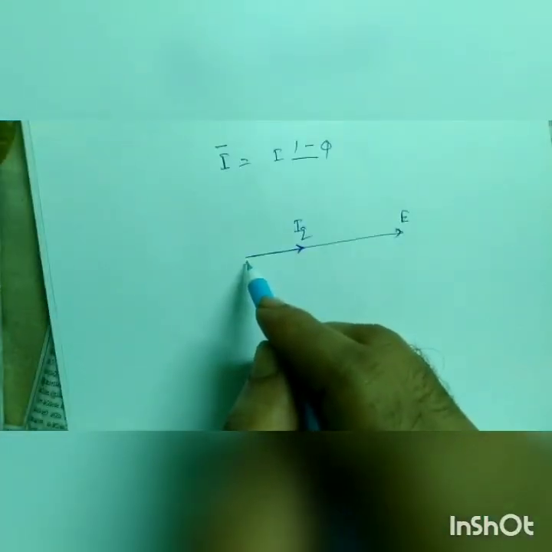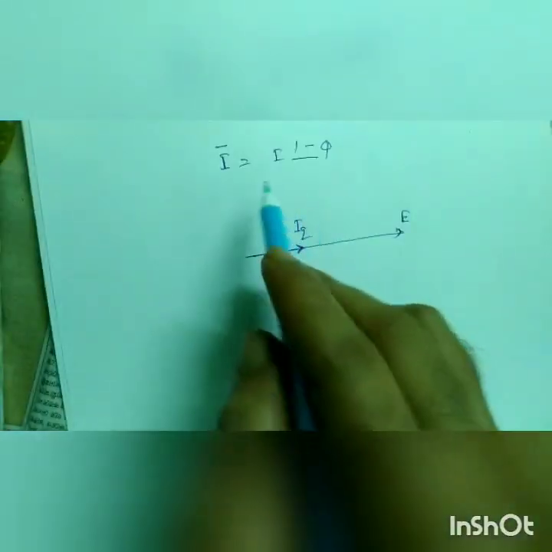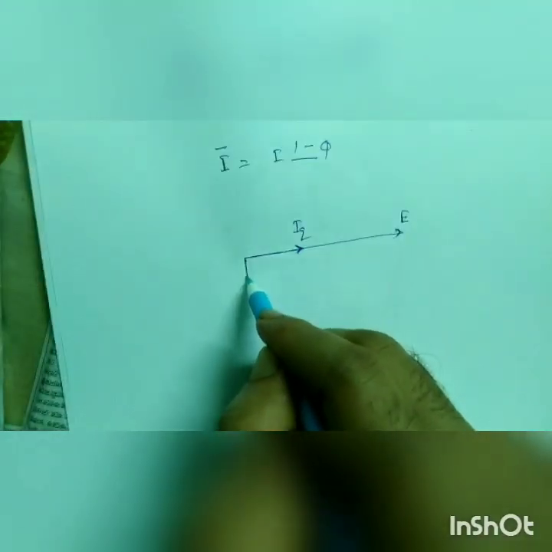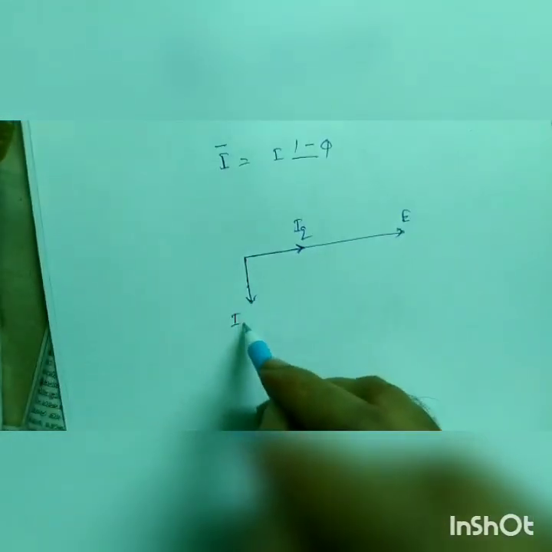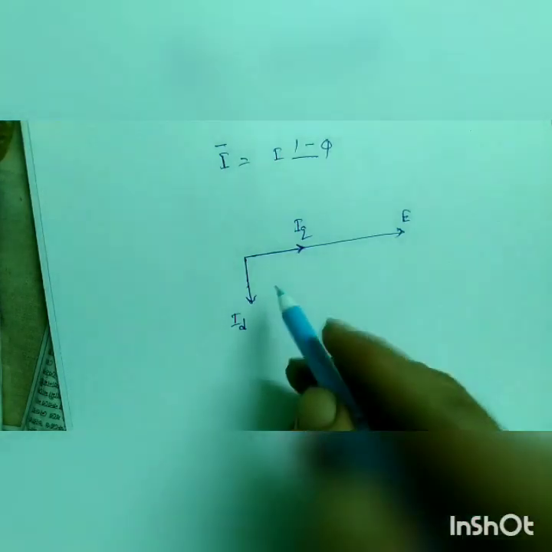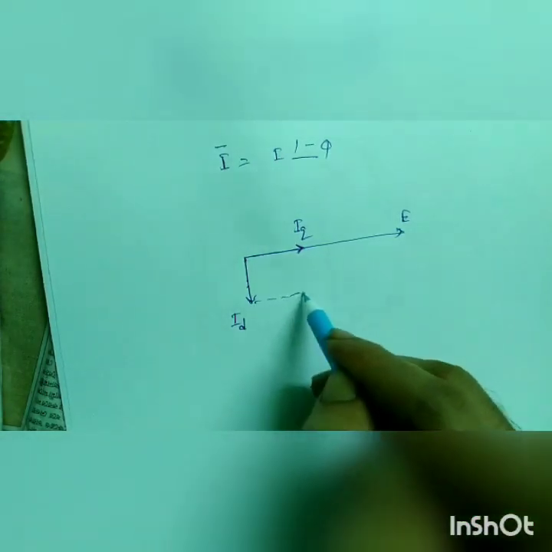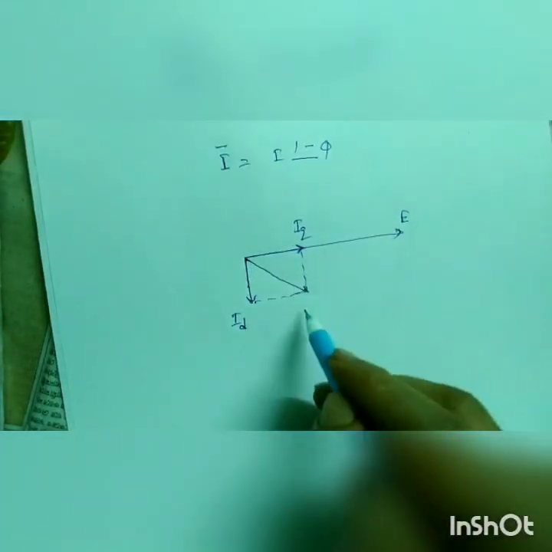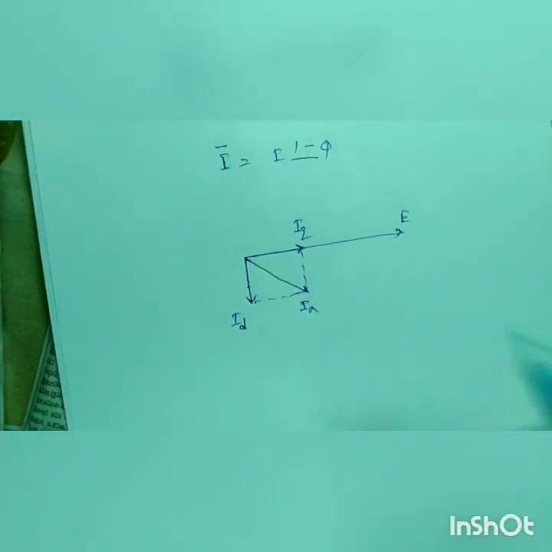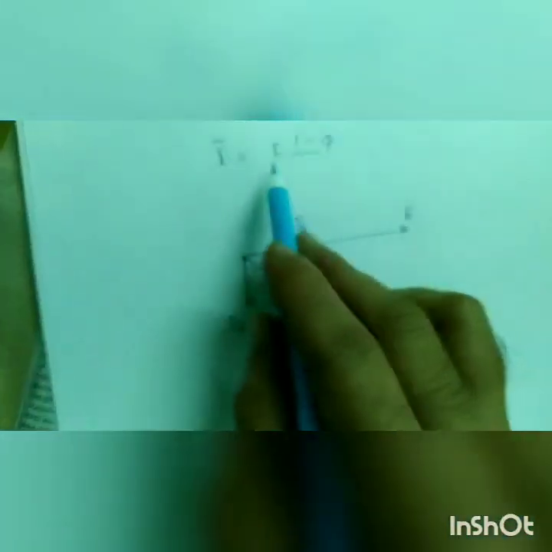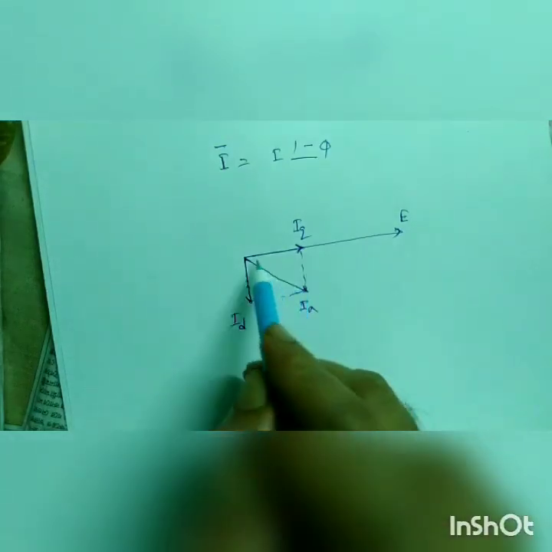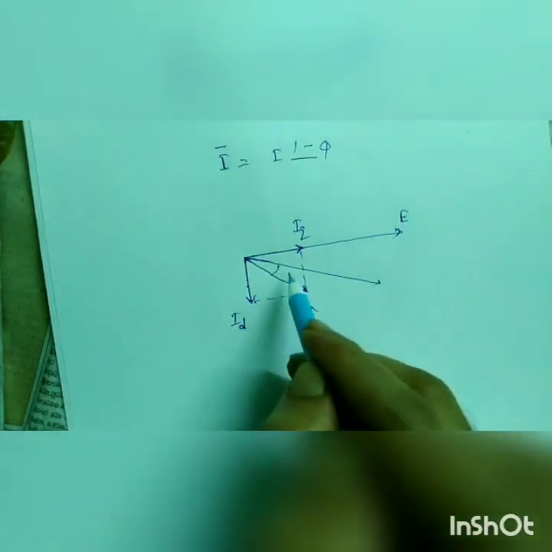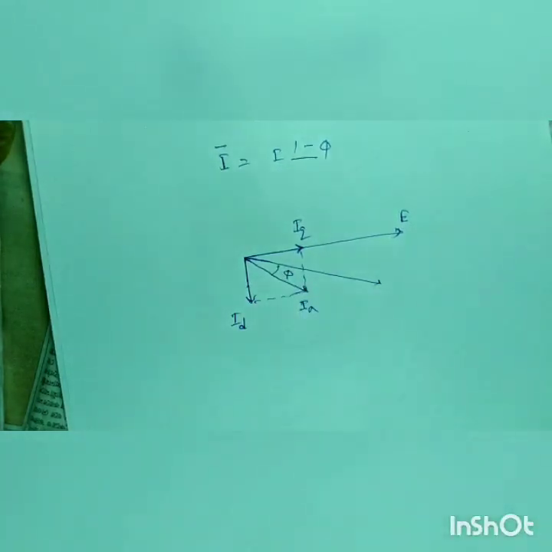And as I have taken the current as lagging in nature, ID will be like that, and IA will be like that. The current is lagging, so the voltage V will be like that, and this will be phi.